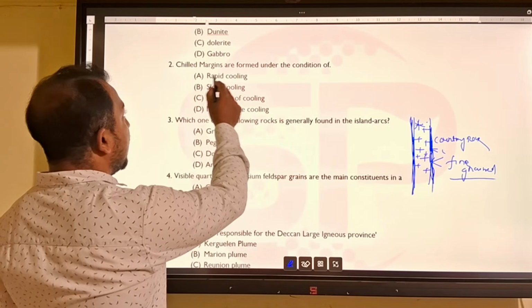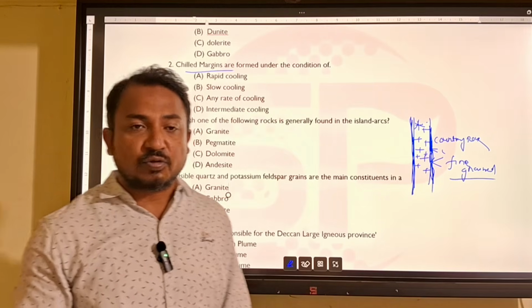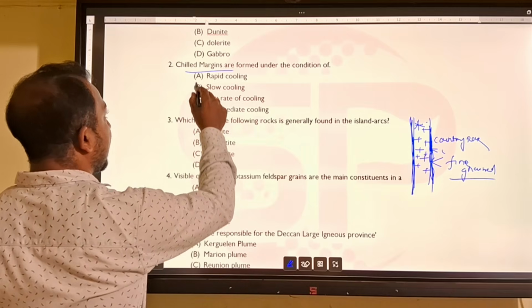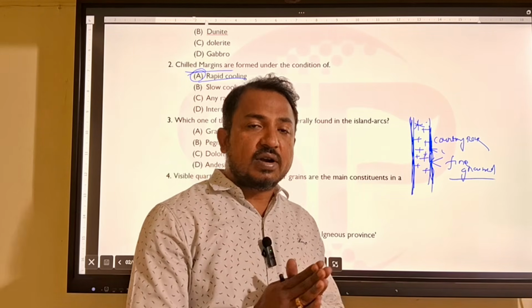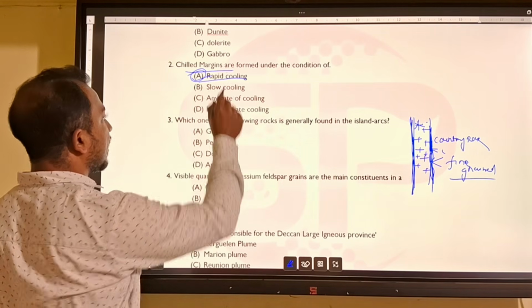So any chilled margin at the margin of an igneous intrusion indicates fine grained rock. They indicate rapid cooling, because a hotter thing suddenly comes in contact with a colder thing. So the answer here will be rapid cooling.